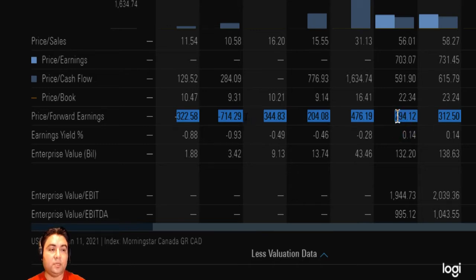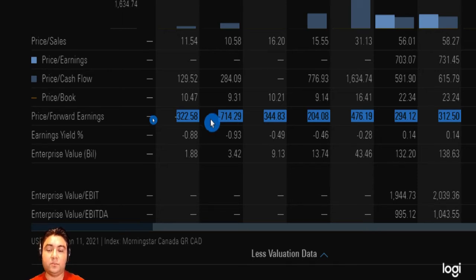And the last year, 2020, we have an average of $294.12. 2019, $476.19. 2018, $204.08. 2017, $344.83. 2016 was actually negative. That means it was pretty bad.